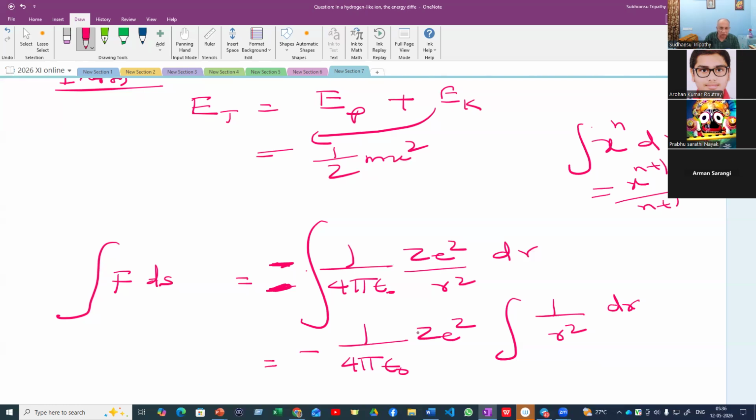So it is minus 2, r to the power minus 2 plus 1, that means r to the power minus 1 by minus 1.